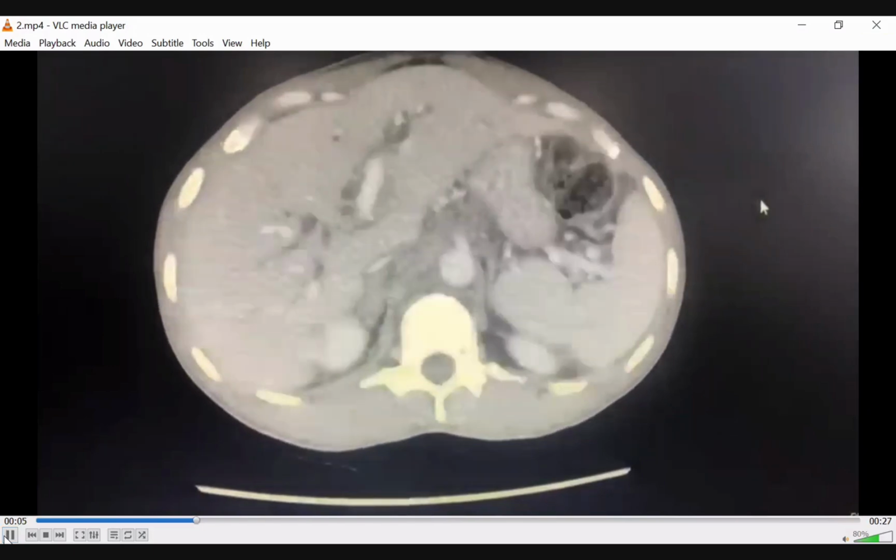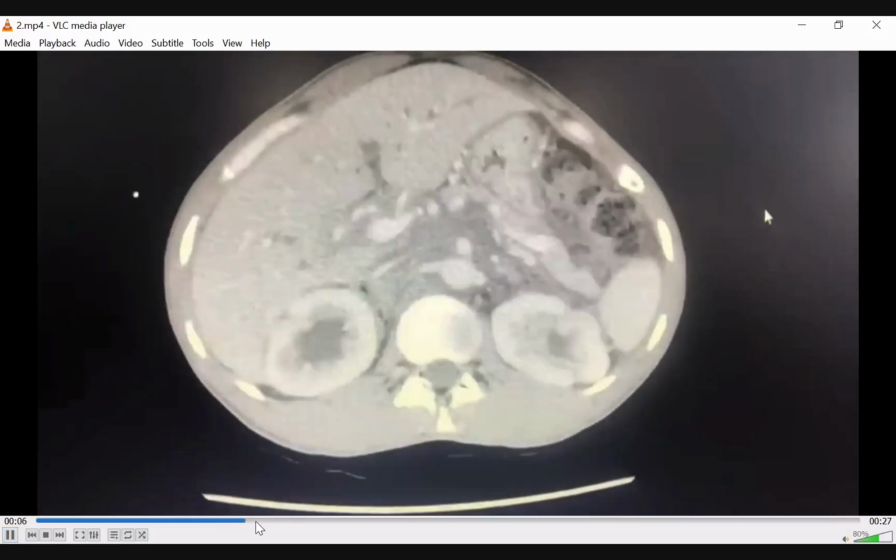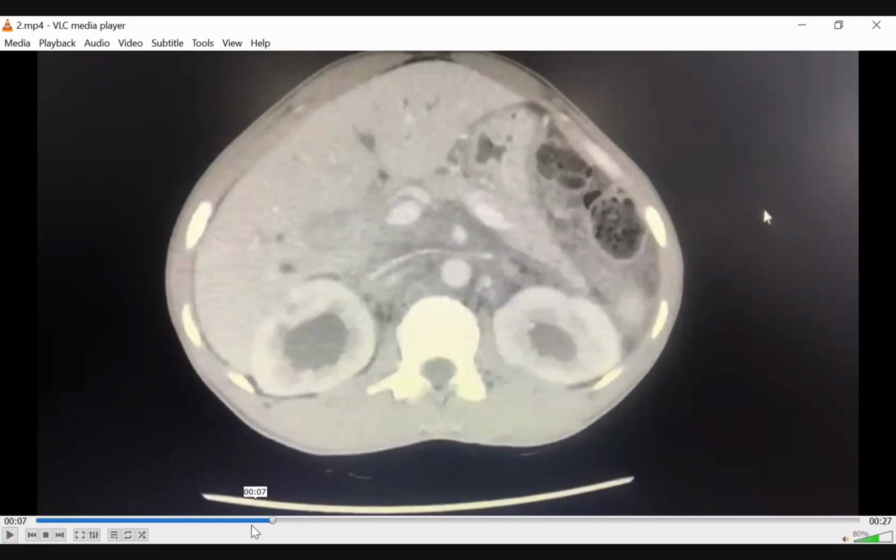Don't turn. Stay there. Anything else you see here? Priyanku? What are those lucent areas within the liver? You can see at least 6 of them.